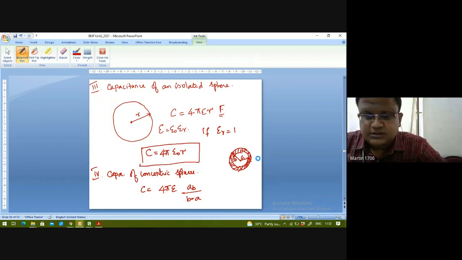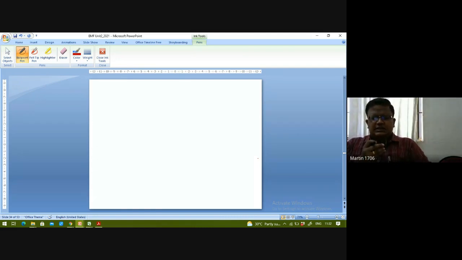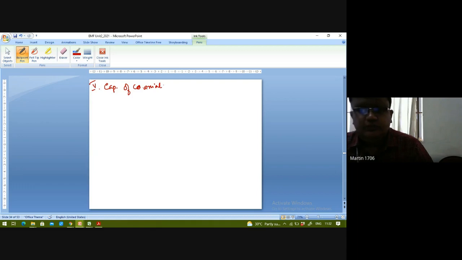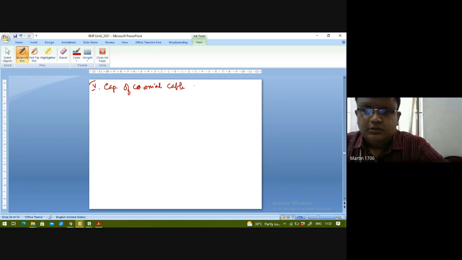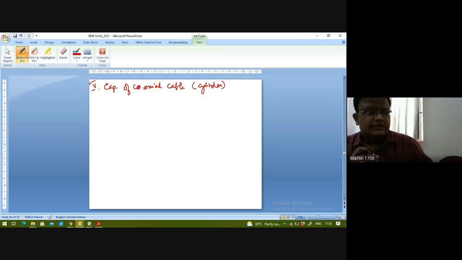Come to the next geometry, called the coaxial cable, or the cylindrical geometry, or cylindrical coordinate system. The next one is the capacitance of a coaxial cable. Let me see how the geometry looks for this type of device.